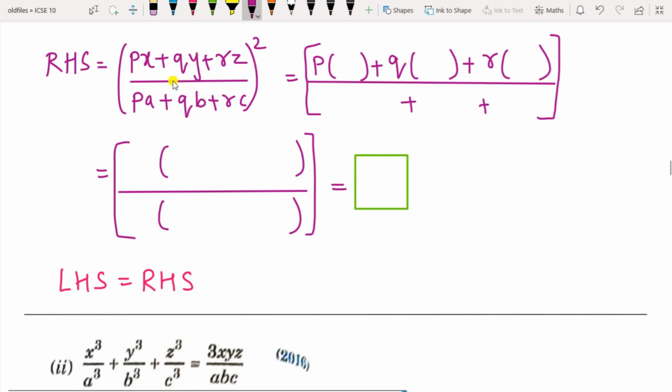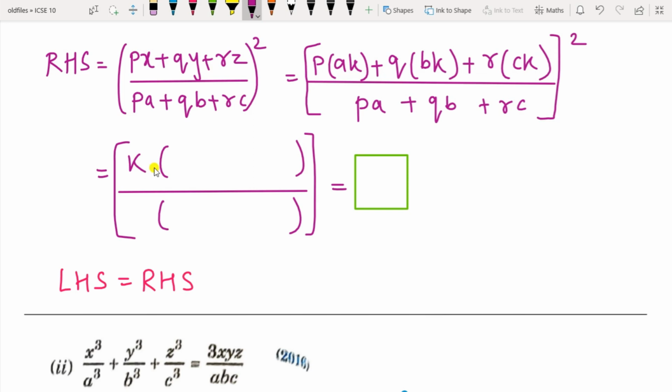Now, this is the given question for RHS. Substitute the value of x as ak, y as bk and z as ck. This is the whole square, and the denominator is pa plus qb plus rc.